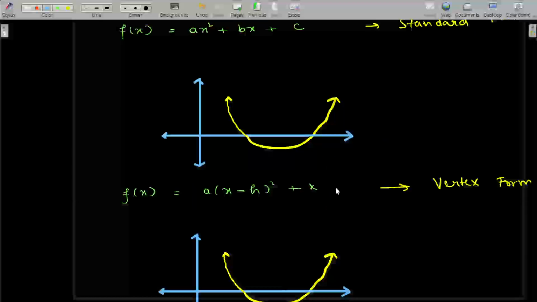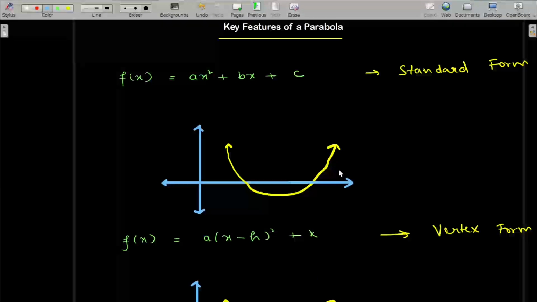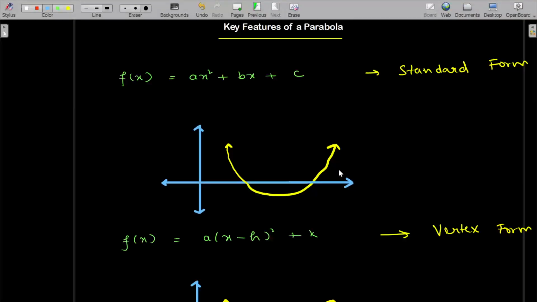Now first thing is, how do we find the vertex? The vertex is going to be this point. Any idea how it is given, if you have the equation in standard form and you have to find the vertex without converting it into vertex form?